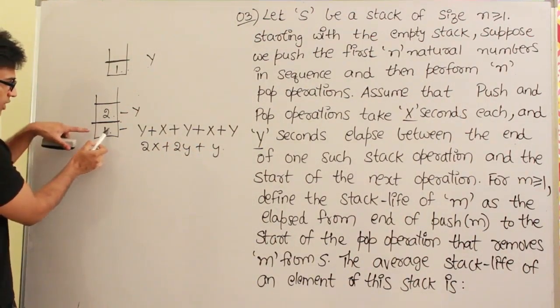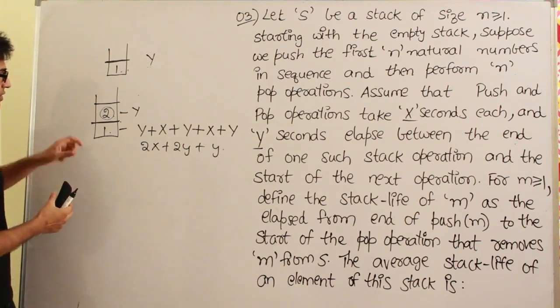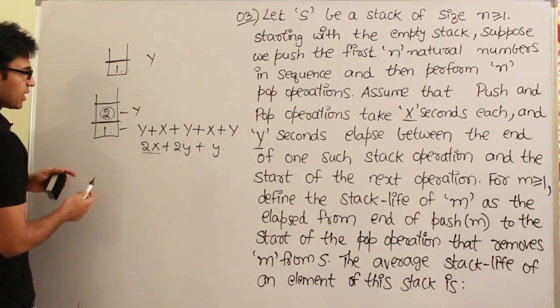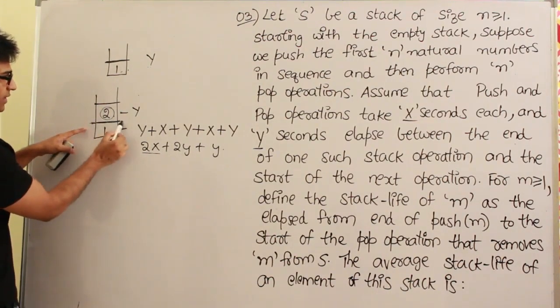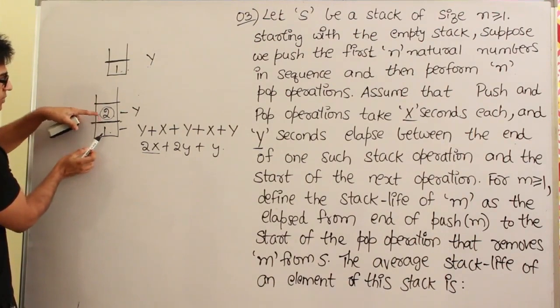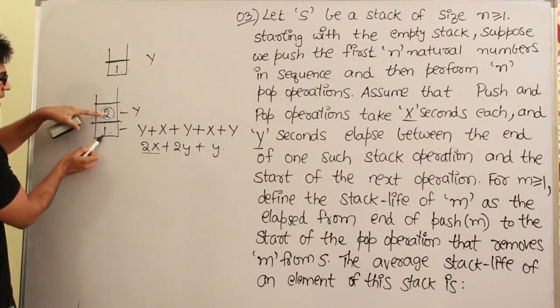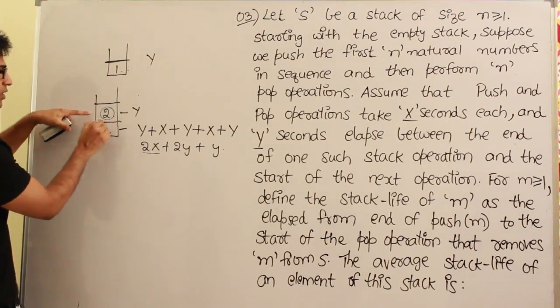After pushing 1, I have to push this element once and pop this element once. So for pushing and popping this one element, the time taken is 2x, isn't it? And then this one line says that before pushing this you have to wait. After pushing 1 you have to wait this long, and then after popping it we have to wait one time, that is why 2y.